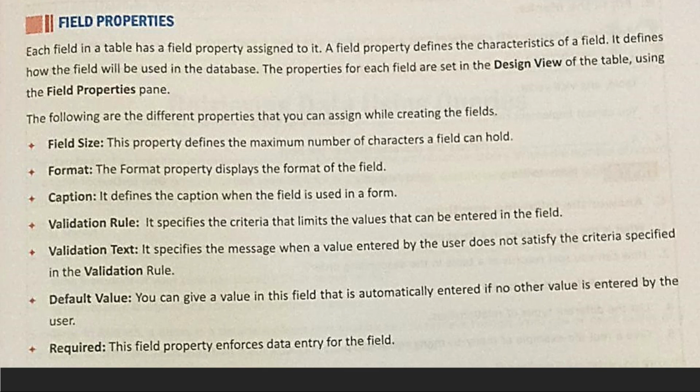If in spite of that you try to do so, then whatever you have given in the validation text, suppose you have given "insert a proper age", that particular text will be displayed. These lines are very, very important, because they also come in your objective type questions. Whenever the criteria assigned in the validation rule is not satisfied, whatever has been given in the validation text will be displayed.